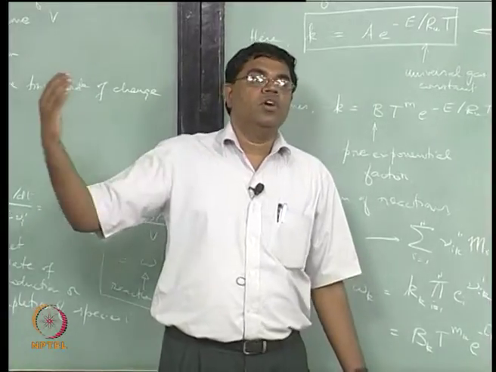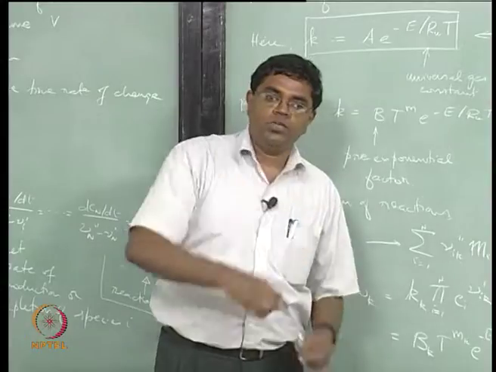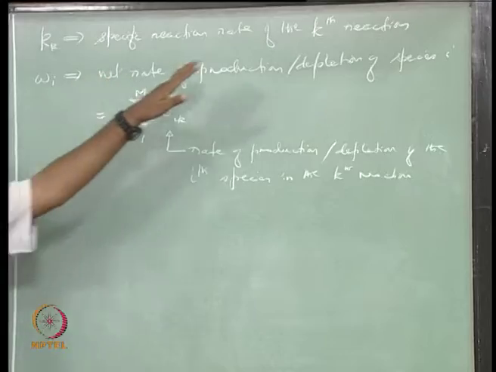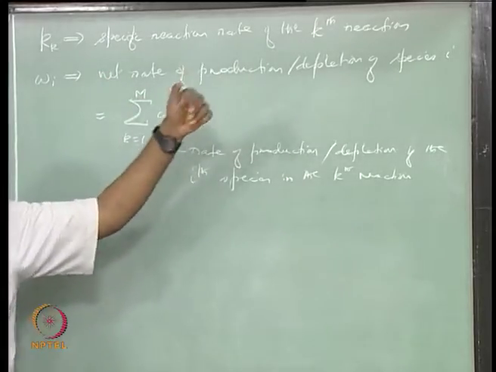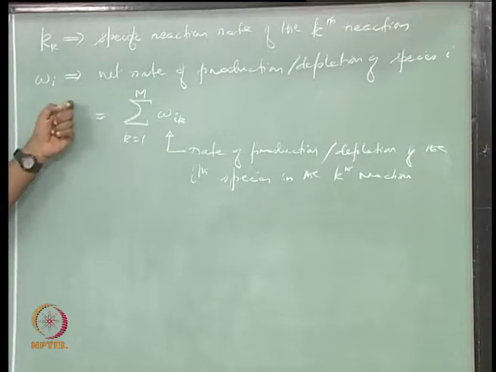What it means is whatever is the rate of change of mass will be equal to the net rate of production or depletion. That's what we will do as we go along. So we will factor this into the mass conservation equation of individual species as a next step. So this is going to be very, very important to us, yeah.